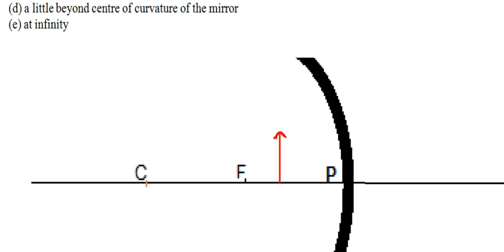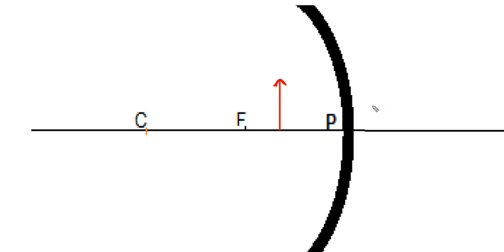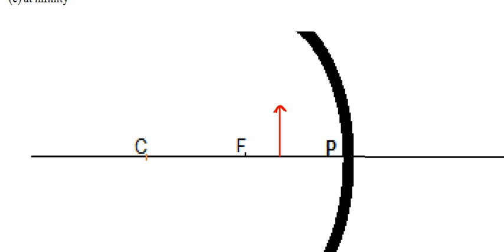One more thing which I want to bring to your notice is that you can represent this as a mirror if you show that this is the surface where reflection is taking place, this left side, and if you show it like this, then it means that the polished side is on the other side of this mirror.